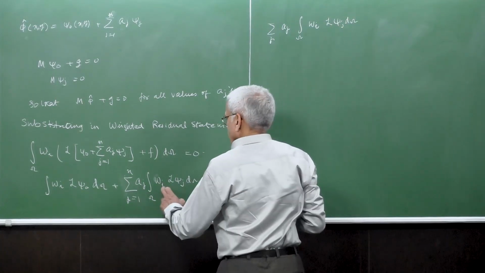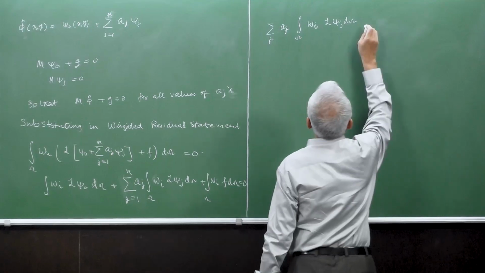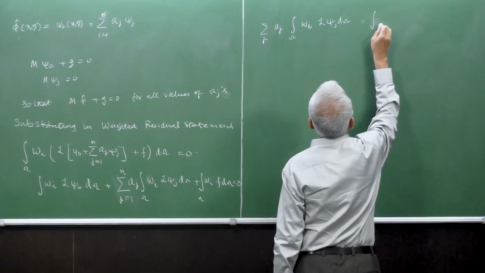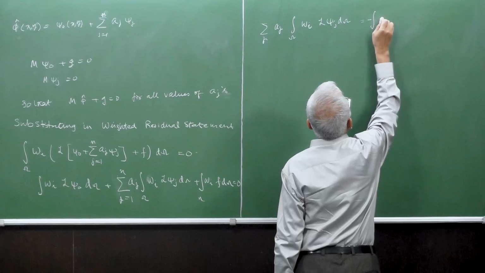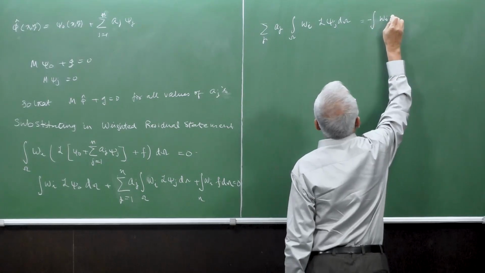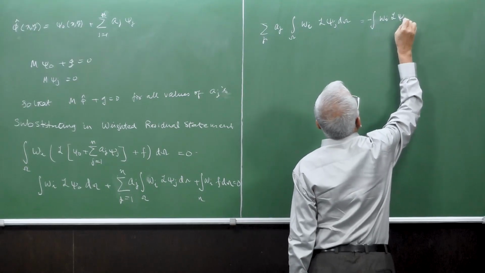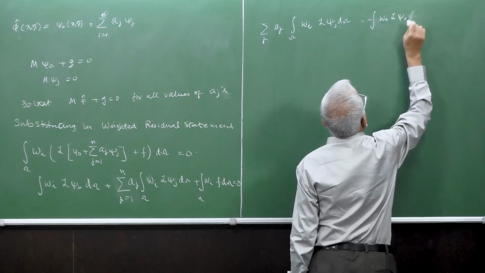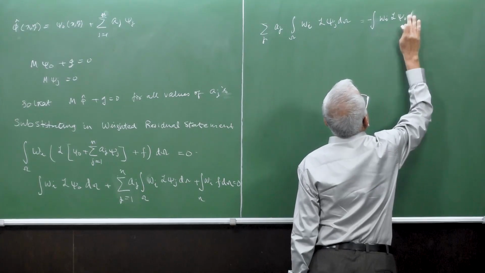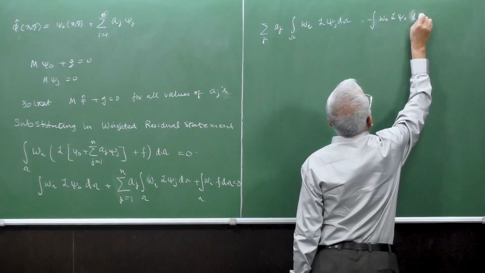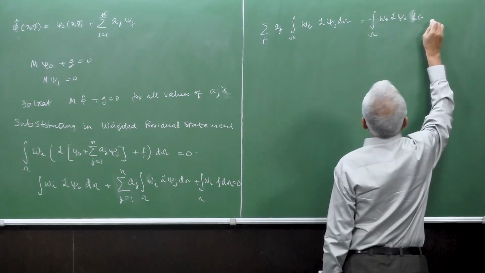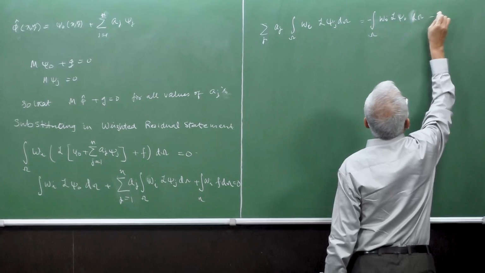This we keep on the left side, and we'll take the other ones to the right side, of course with a negative sign.